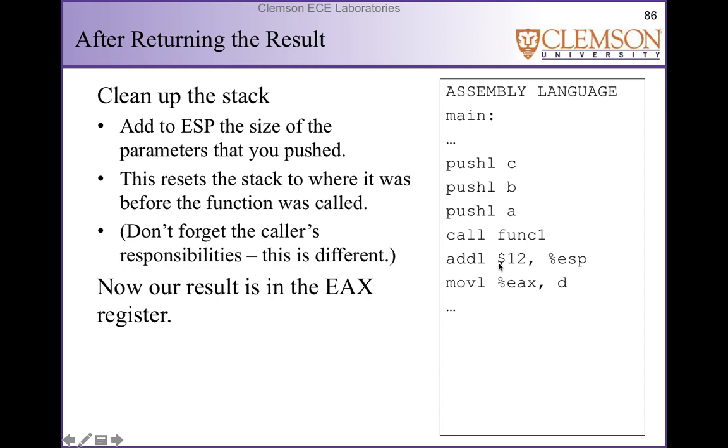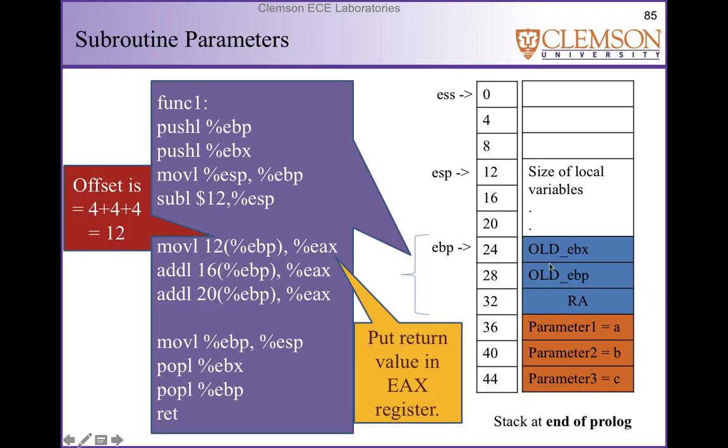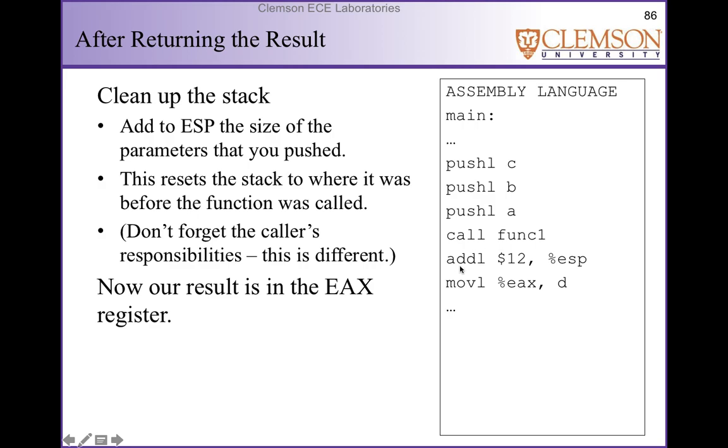And in this line, we're doing add 12 to ESP. What it does is ESP is pointing right here. If we add 12, it's going to be 4, 8, 12. And it skips all these 3 parameters to kind of start in the appropriate stack space. So that's why we have the add 12 to ESP here.